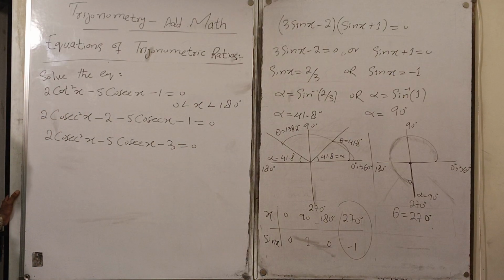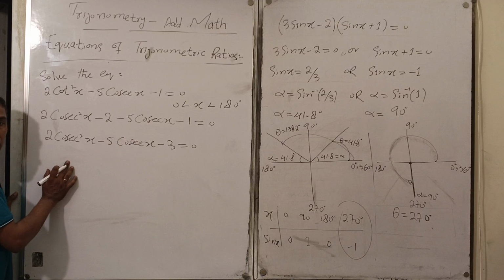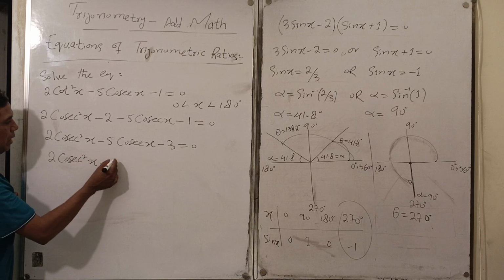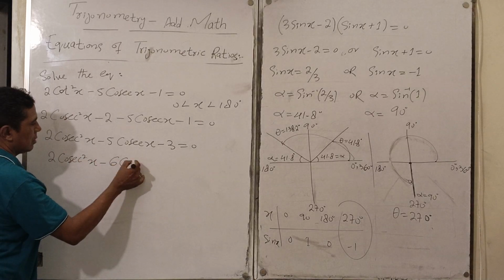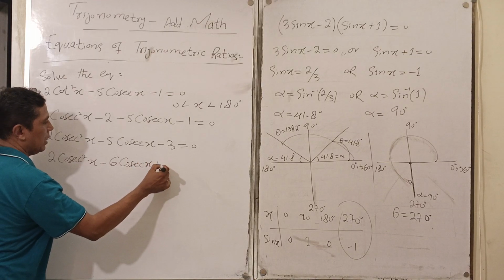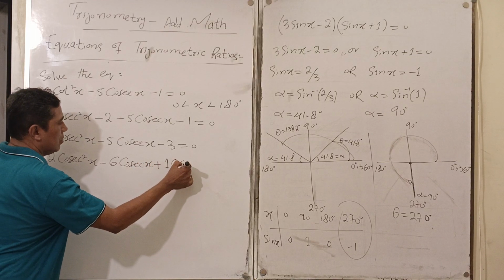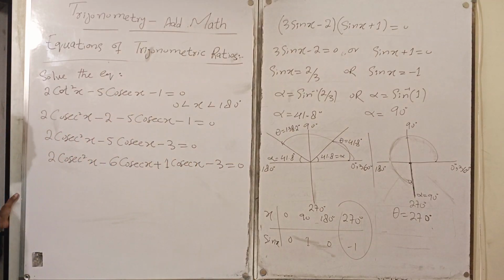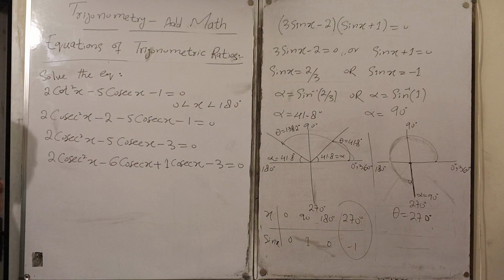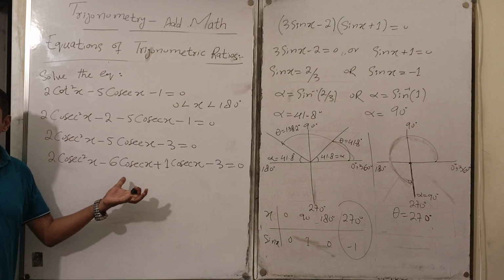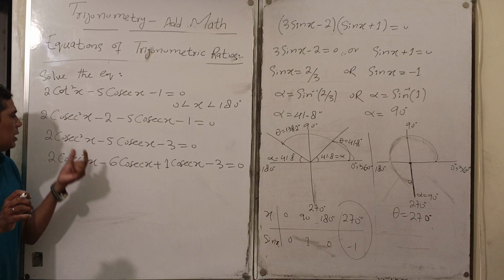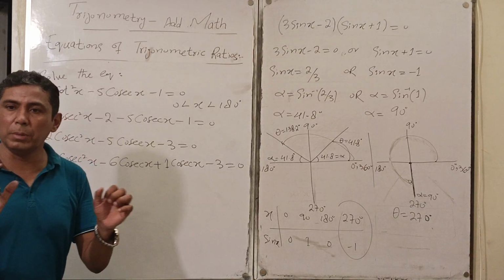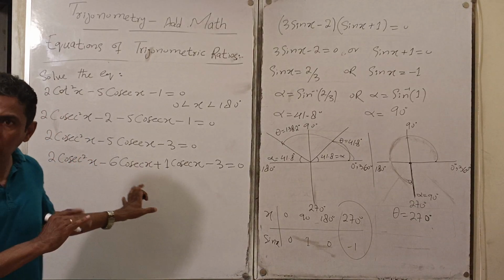Factorize this quadratic equation: 2 times 3 is 6, so 2 cosec square x minus 6 cosec x plus 1 cosec x minus 3 equal to 0. Same quadratic form. Just to factorize, consider these as simple x and y. Don't be confused.